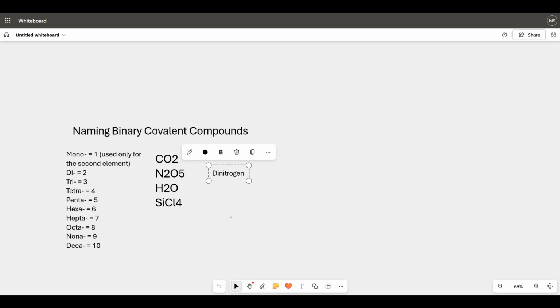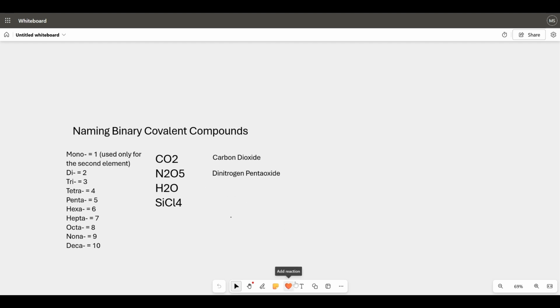And we notice that the second element is oxygen, with 5 oxygen atoms. So therefore, the prefix must be penta, because penta is correlated to 5. So now we have pentaoxygen. But that's not right, because now you have to add the suffix ide to fix this. So I remove this and replace it with ide. So now you're left with dinitrogen pentaoxide.